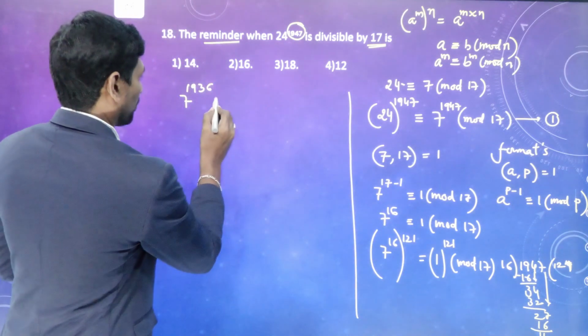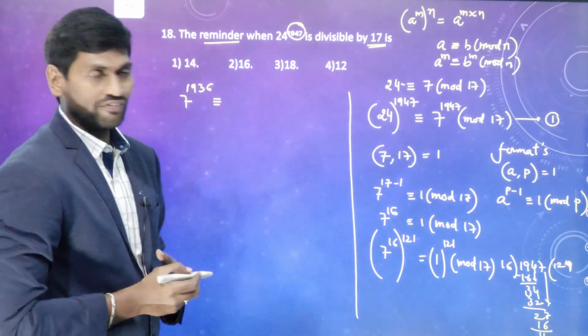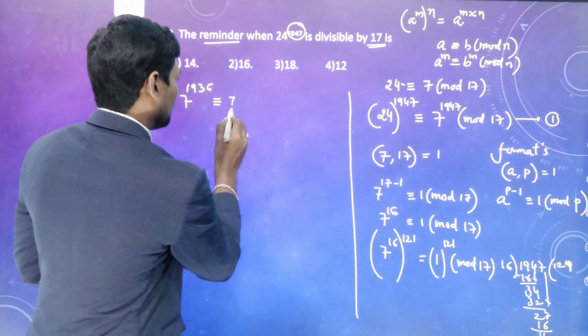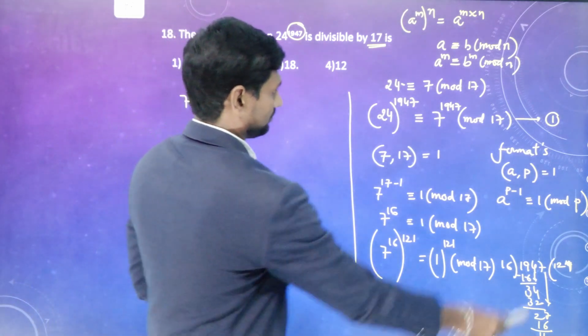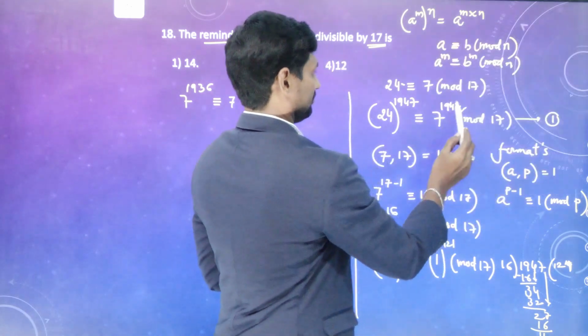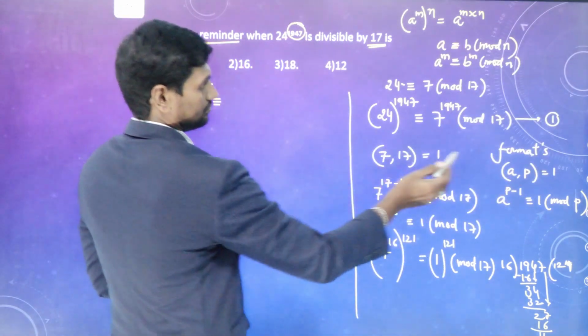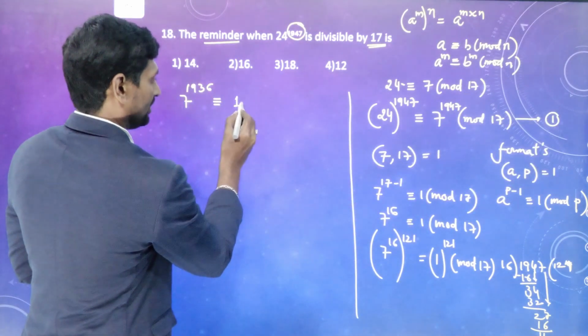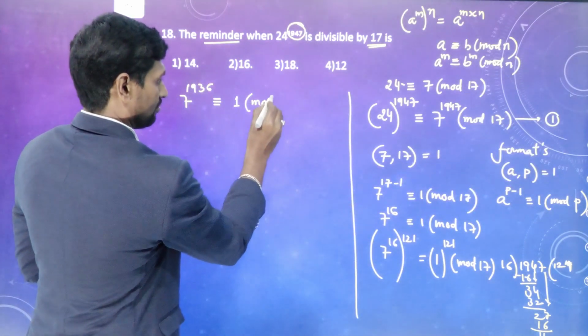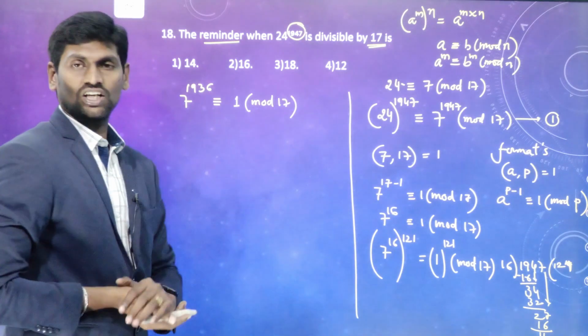You can increase up to here, and we will get the remainder 1 modulus of 17. Got it until here?